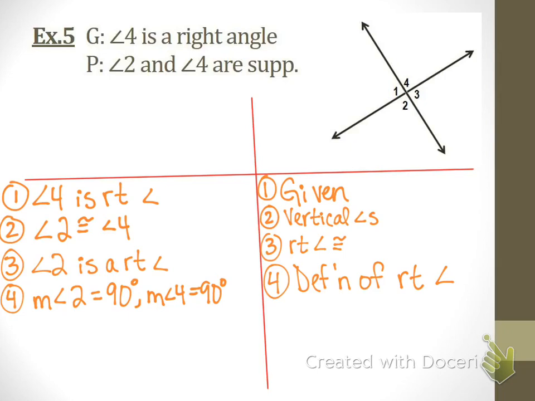Okay? Before we can say they are supplementary, we need to make one more statement. What do you think that statement's going to be? Good. We've got to say that the measure of angle 2 plus the measure of angle 4 is equal to 180 degrees.